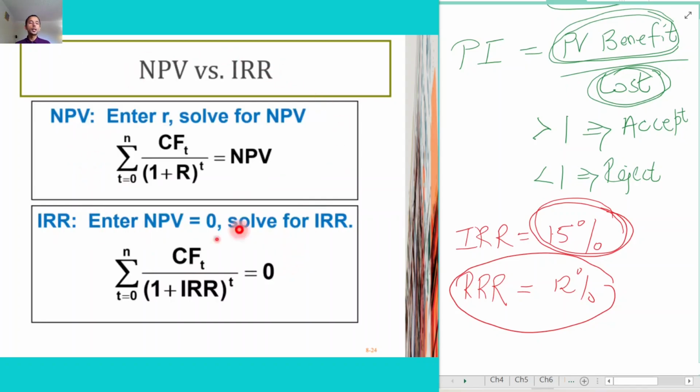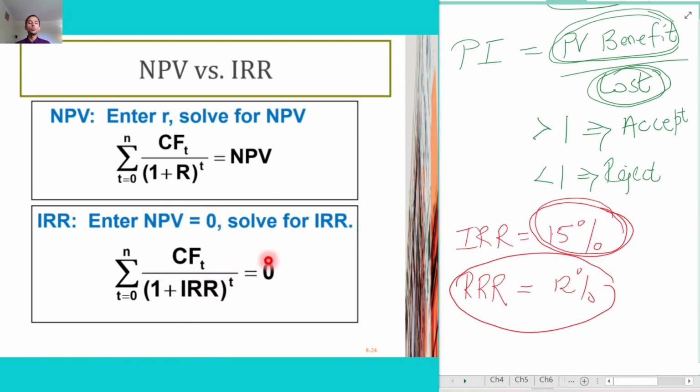So, NPV versus IRR. With NPV, you enter your discount rate and then you find NPV. But with IRR, you assume that NPV is 0. So at what rate will your NPV equal 0? At what rate will there be no profit, no loss?